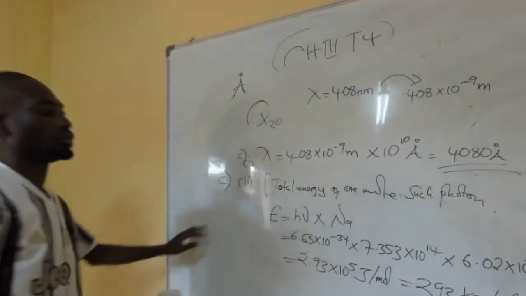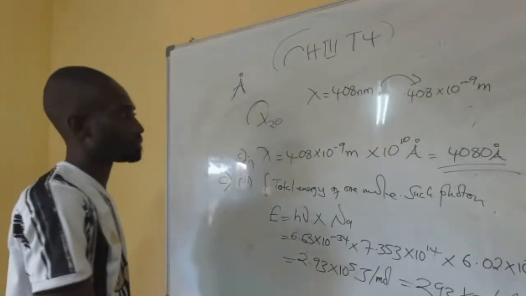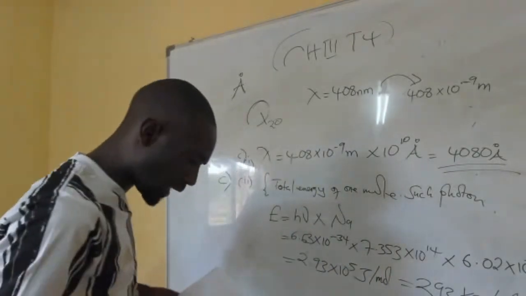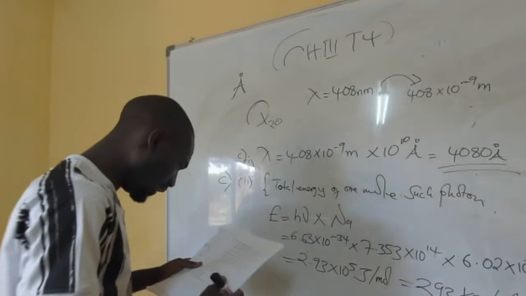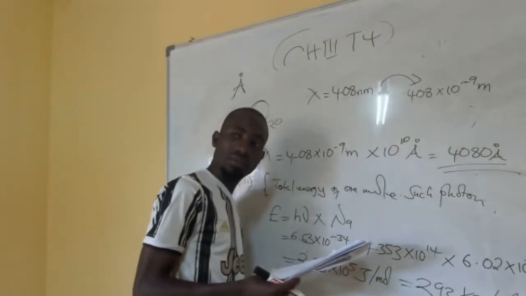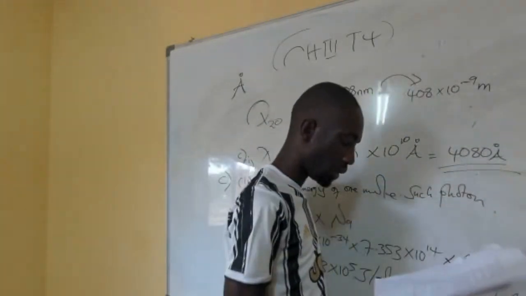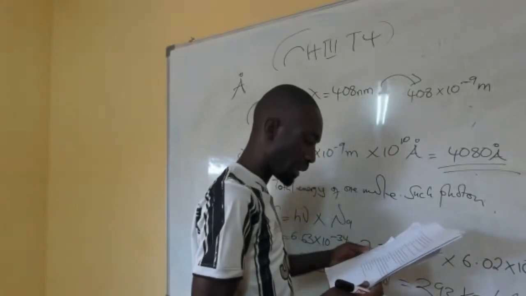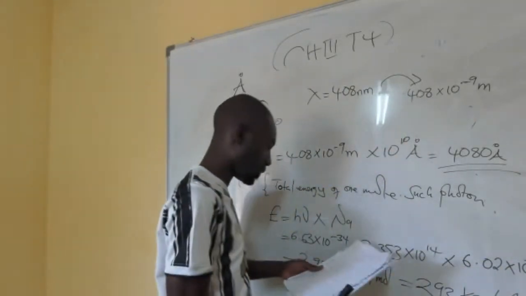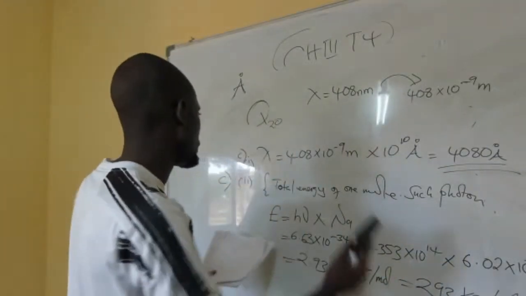And we have solved. So we look at the last one where they are saying, in which part of the electromagnetic spectrum does this wavelength occur? So you erase this.